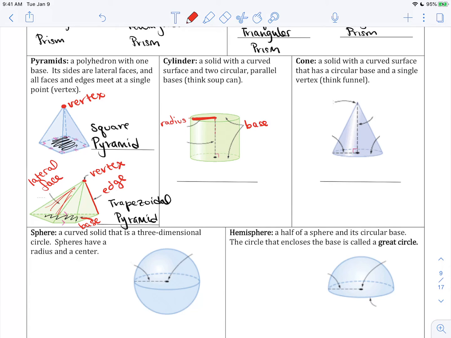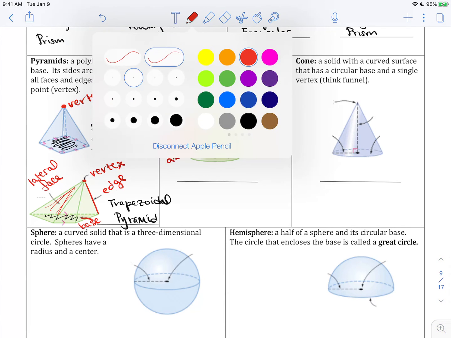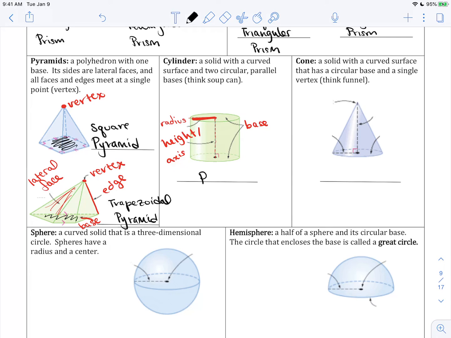And then this dashed line that comes down is our height of our cylinder, and it's called the axis of the cylinder. Okay. And this is just a right cylinder because those two circular bases are right on top of each other, right?